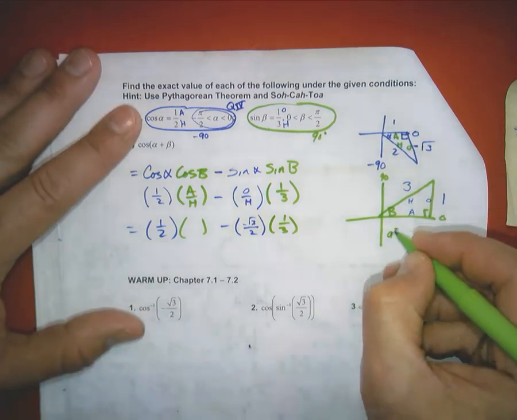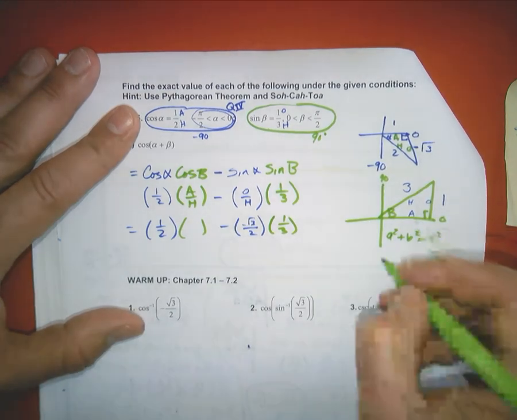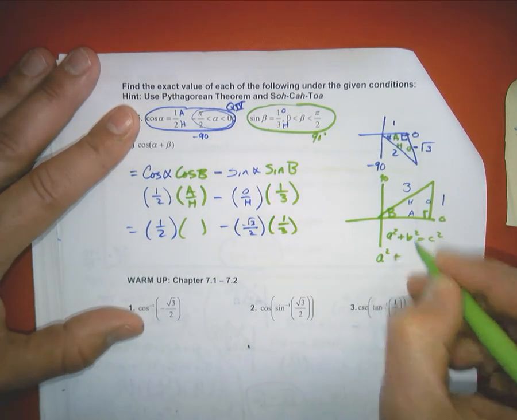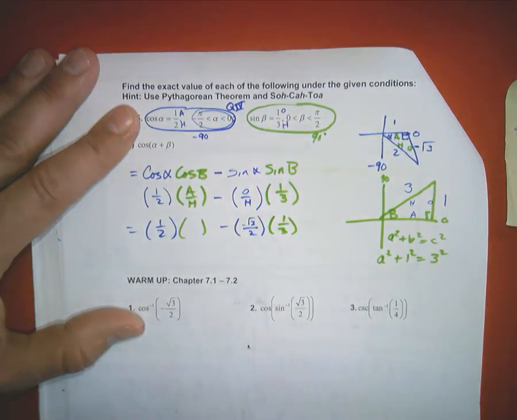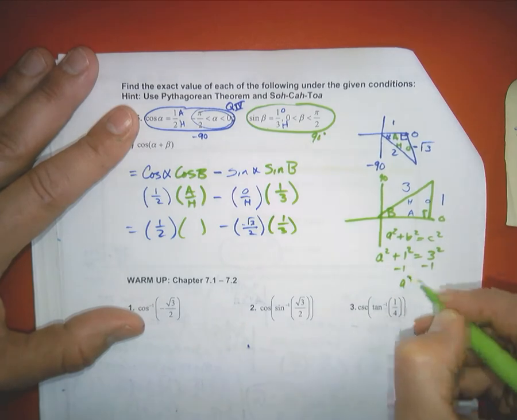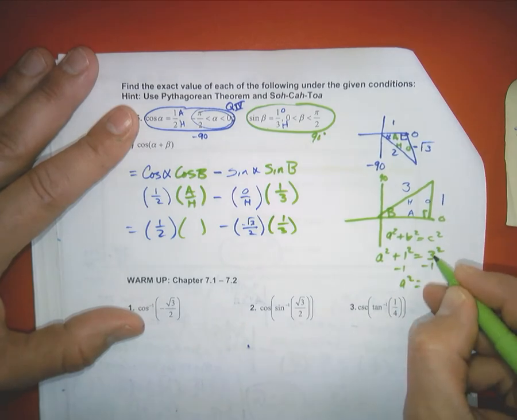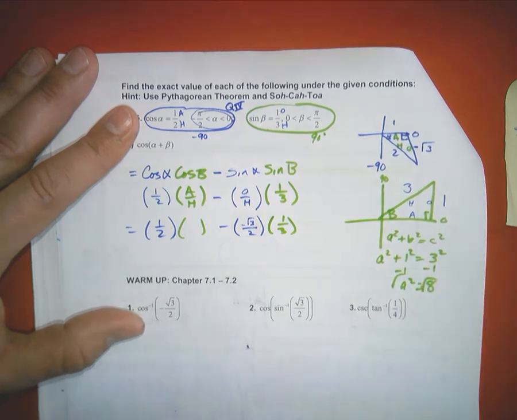So I've got a squared plus b squared equals c squared. We're trying to find this guy, we'll call that a. b squared is 1, and c squared is 3 squared, which is 9. I'm going to subtract that over, so I get a squared equals 9 minus 1, which is 8, and we square root it.